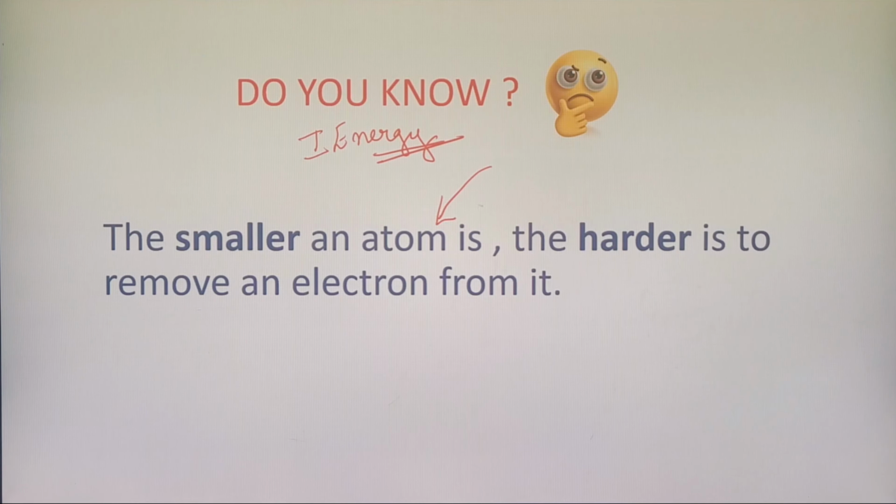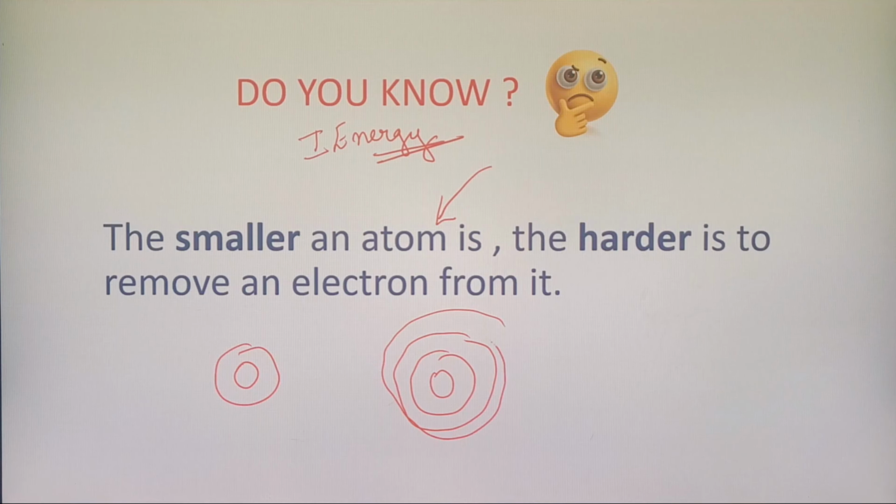The smaller the atom is, for example, if I have two atoms, X and Y, one has one shell. For example, let me say A has one shell, B has three shells. So the smaller the atom is, the more energy I have to provide to remove an electron from its outermost shell.